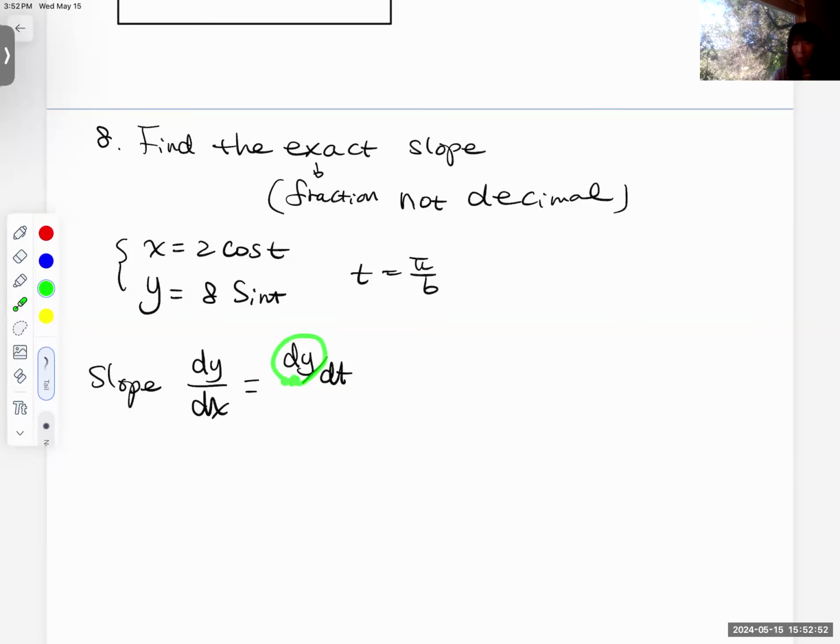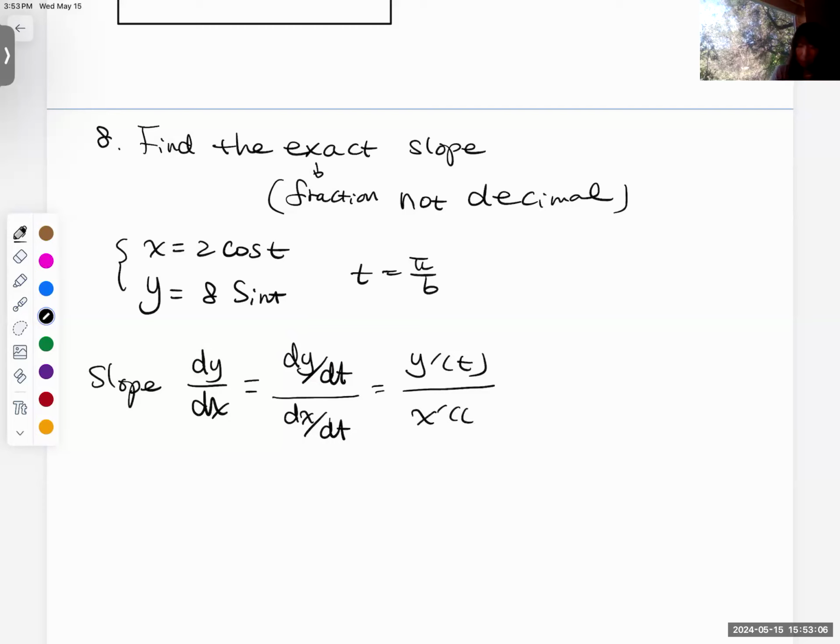Same concept with dx over dt, that is y prime over t over x prime over t, right? So your turn. Can you please do that? So what's the y prime over t? What's the x prime over t?